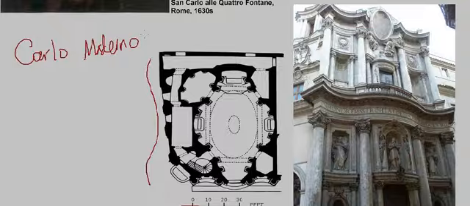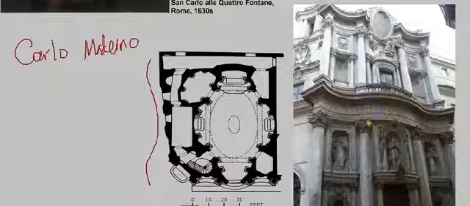And his church facades typically had two stories divided by a wide cornice. They were divided up into three bays and had a central portal emphasis. And you can see all of that here, the wide cornice, the two stories, the three bays divided by columns, and the central emphasis on the portal.